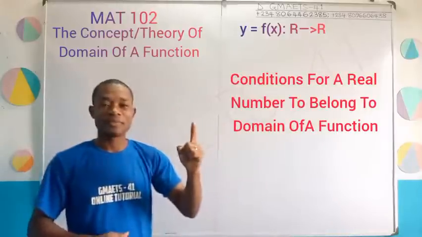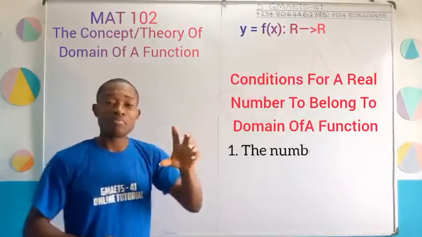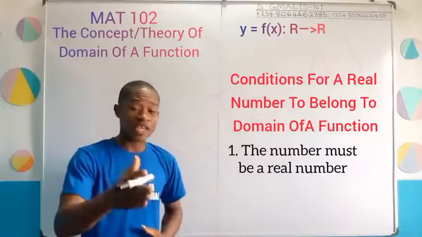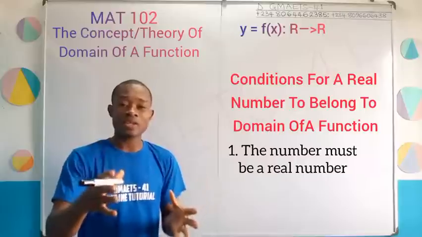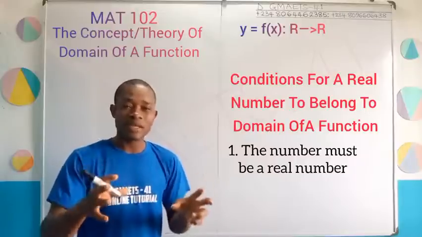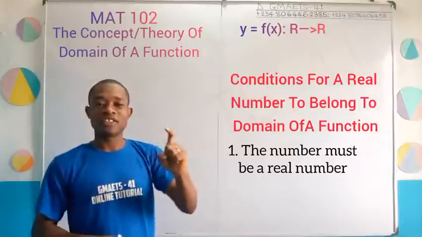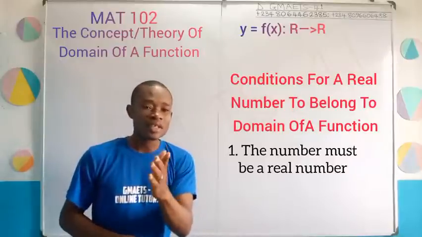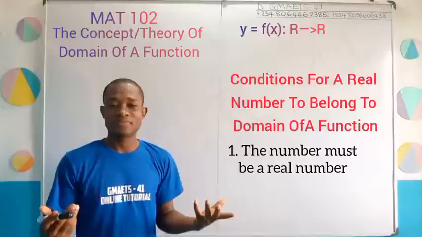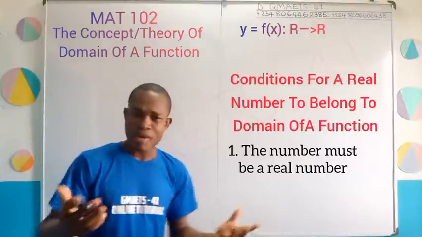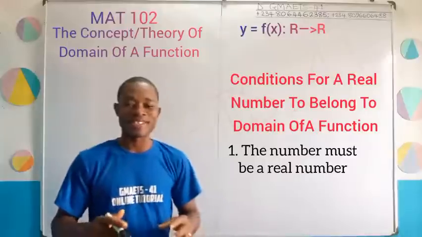Condition number one: the number must be a real number. So for you to say that a particular value, a particular number is a domain, it must satisfy the condition that this number is a real number. I know we may be wondering, our numbers, are they not real numbers?